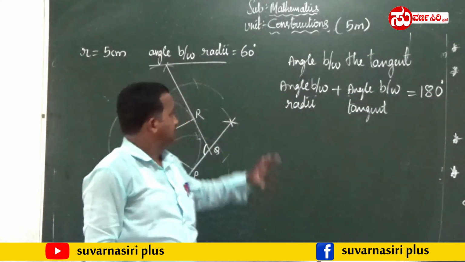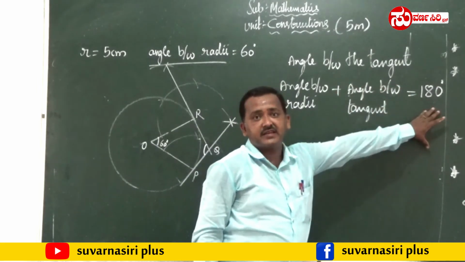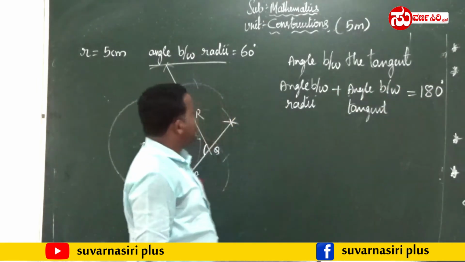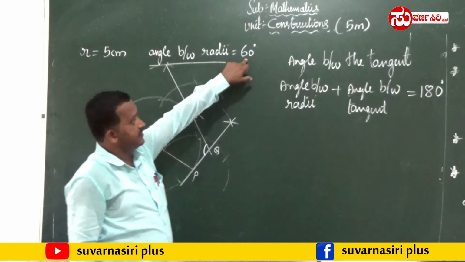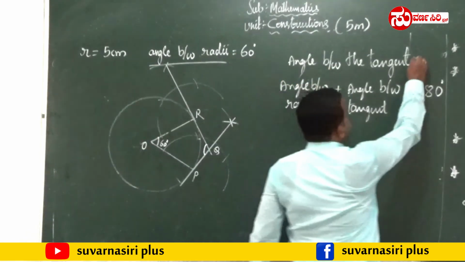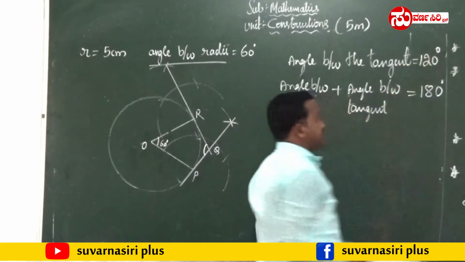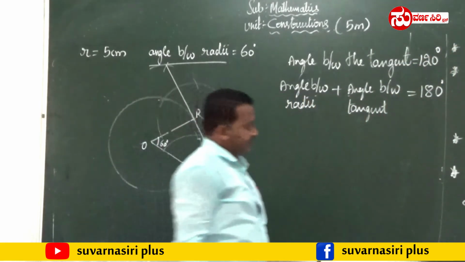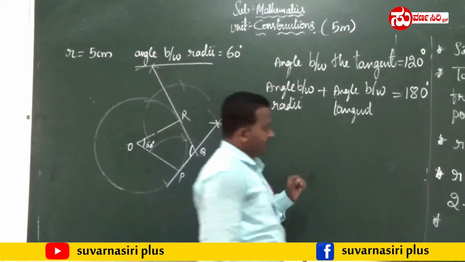Angle between the radii plus angle between the tangents is always equal to 180 degree. So now the angle between the radii is 60 degree, which means the angle between the tangents will be 120 degree.